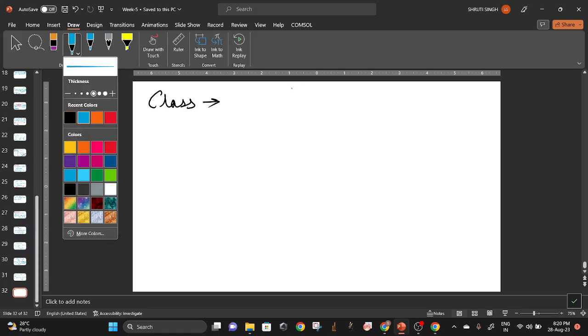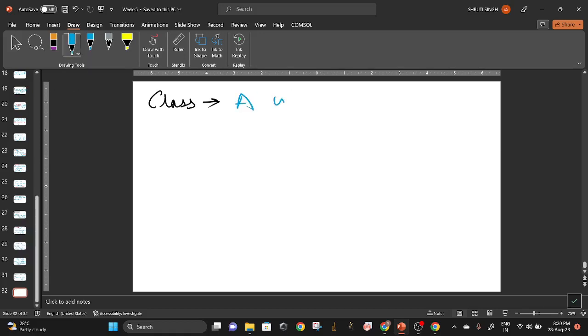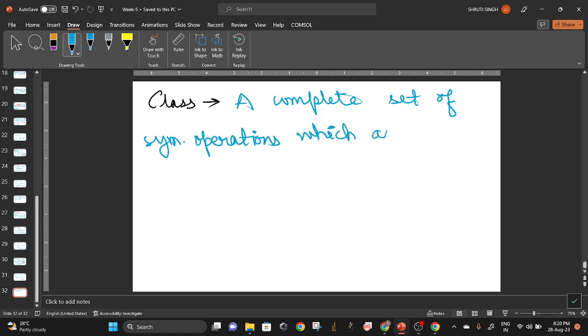By definition, we define a class as a complete set of symmetry operations which are conjugates to each other.